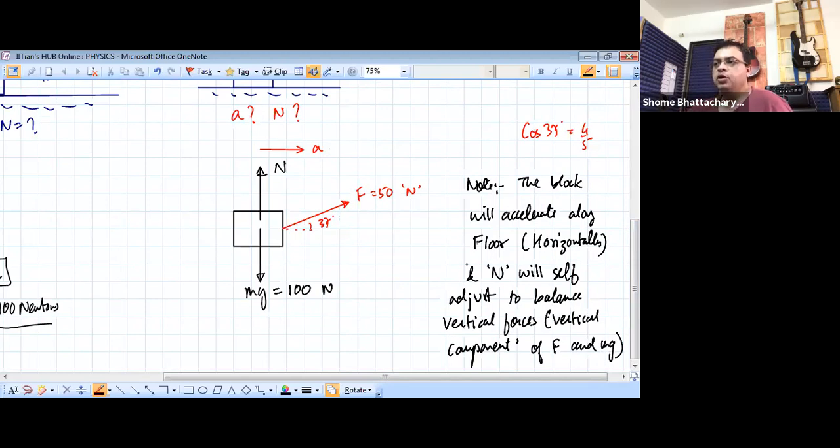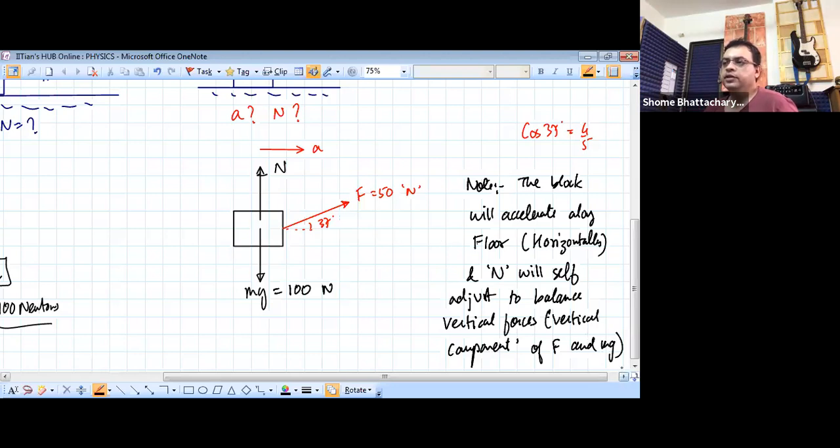We won't see the block moving vertically or at an angle or something like that, because it's resting on the floor and the weight is too much. The weight is 100 newtons. So the weight will make sure that it's resting on the floor as it's sliding. Hope you people have understood this point that I've written on the side over here. Now, on this basis, let us do the analysis further. We know that the block will accelerate along the floor, along the horizontal.